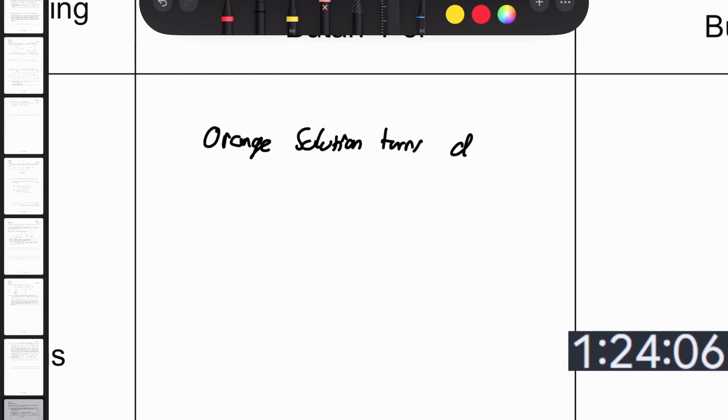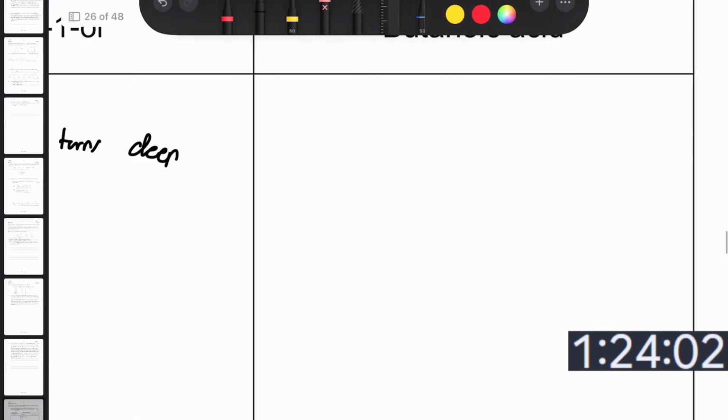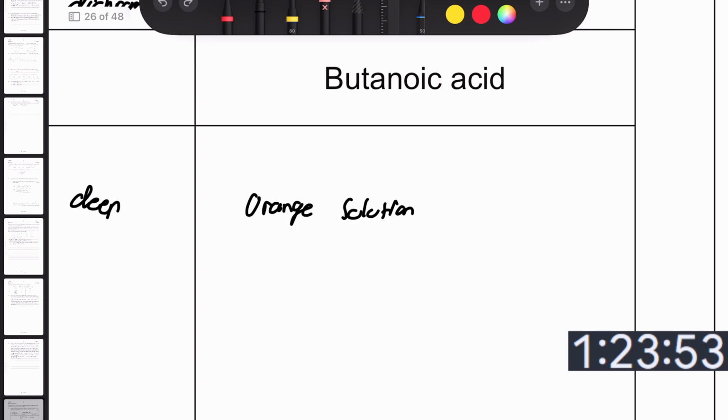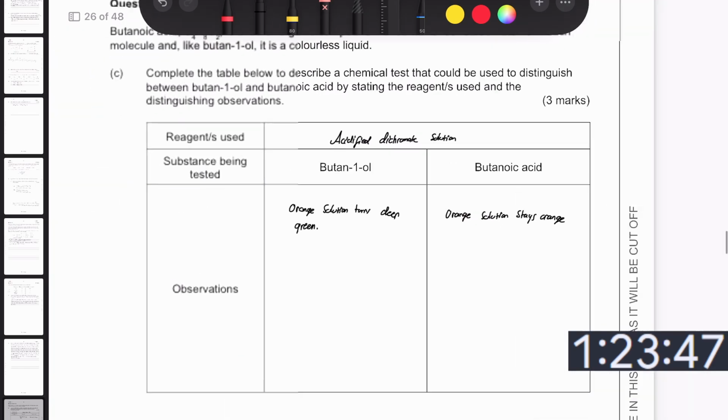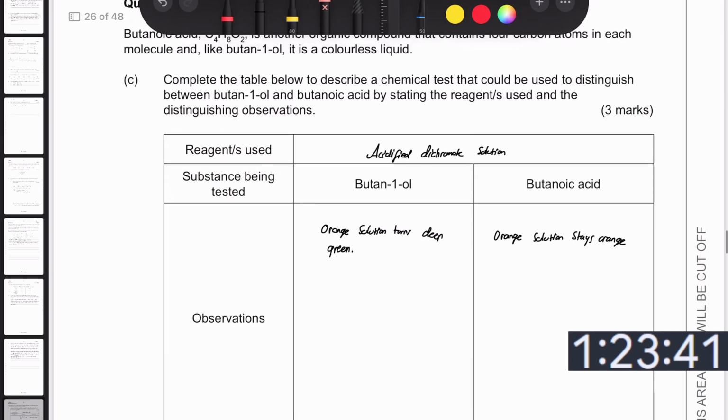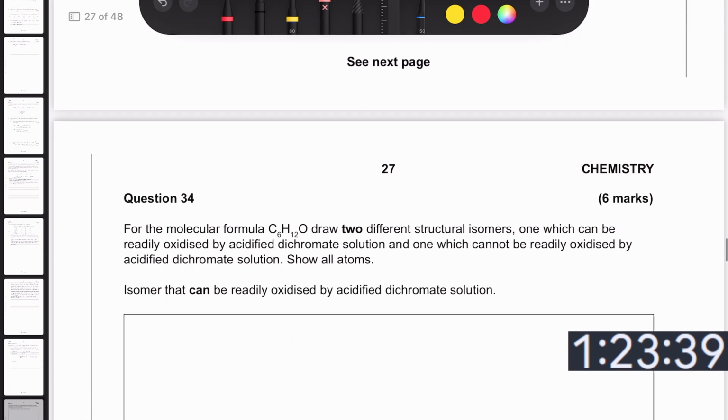See how it turns deep green. And then here, the orange solution stays orange. You could, I think, also talk about adding a carbonate, and say that the butanoic acid would have effervescence, but the butan-1-ol wouldn't. Because I think I've seen this question before. Our teacher has given it to us.